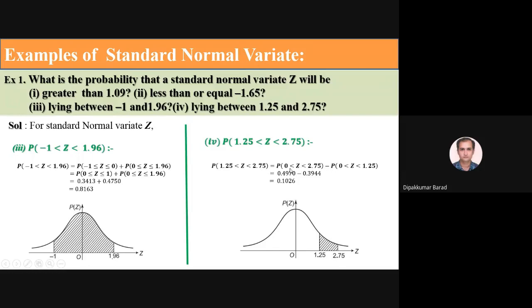So P(0 ≤ z ≤ 2.75) minus P(0 ≤ z ≤ 1.25). Looking up 2.75 in the table, you get 0.4970, and for 1.25, 0.3944, so the difference is 0.1026. We have already discussed the z table in the previous session, so you know how to find the value from the z table.